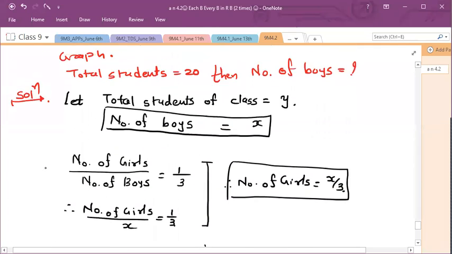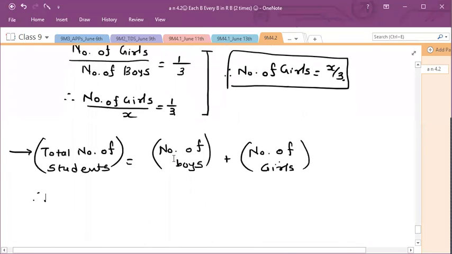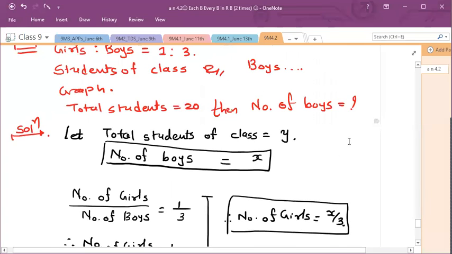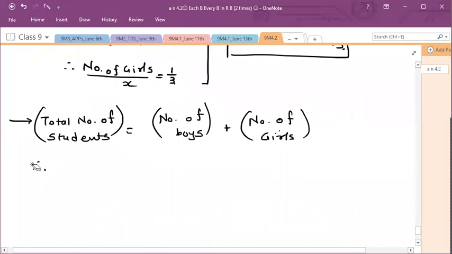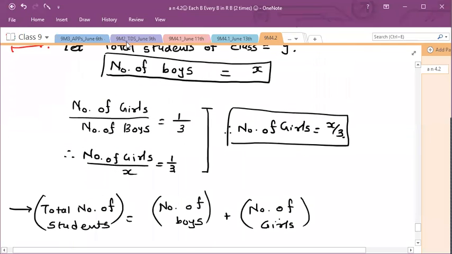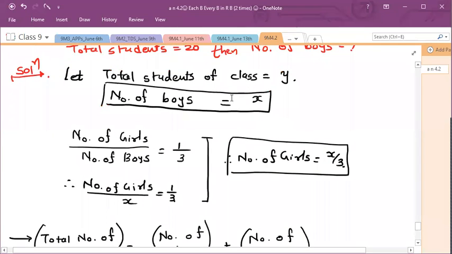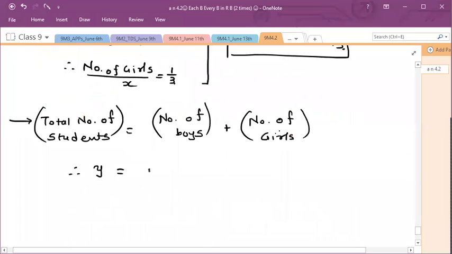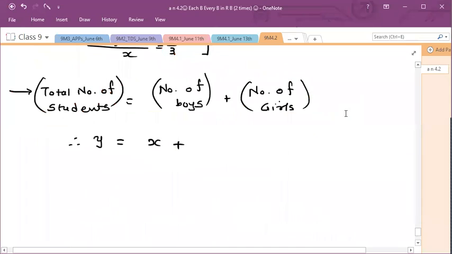So how many total students are there? Y. This is one condition. We have assumed the total number of students is y. The number of boys is x. The number of girls is x by 3.